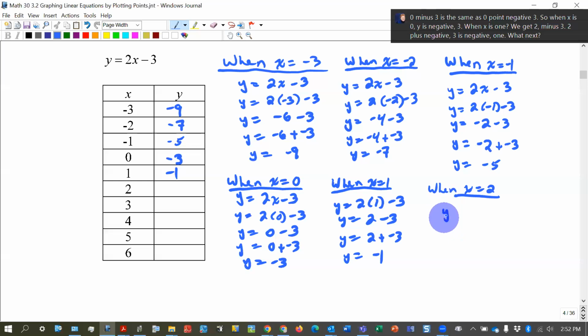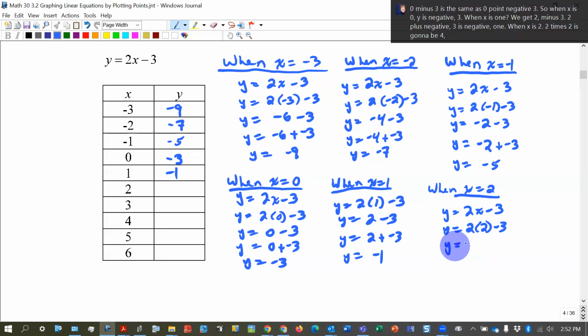When x is 2, 2 times 2 is going to be 4. 4 minus 3 is 1.